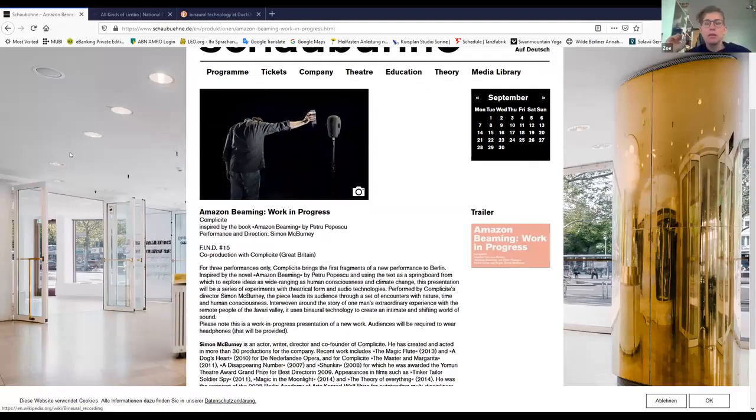But it was using headphones, which used binaural technology, meaning that when you had the headphones on, he was there on stage performing a spoken word performance mostly, but there was also 3D sound.